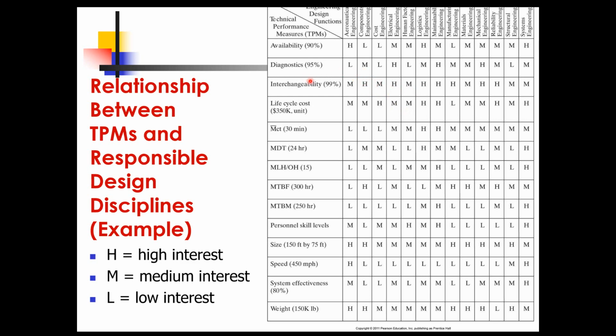But when we talked about the understanding and the mapping of resources, and this is a good example of it, although generic, you can then look at the technical performance measures that we developed way early as part of the conceptual system level design, and look at what type of functions you need and the level of responsibility, or how much the different engineering activities or functions care about that technical performance measure.